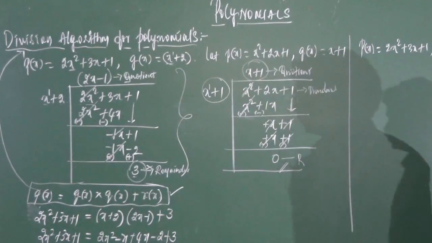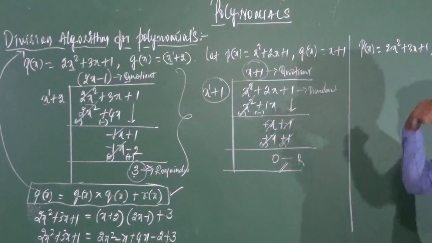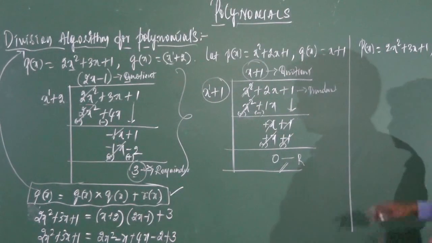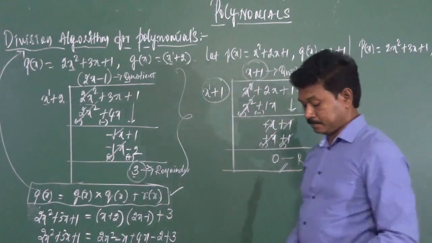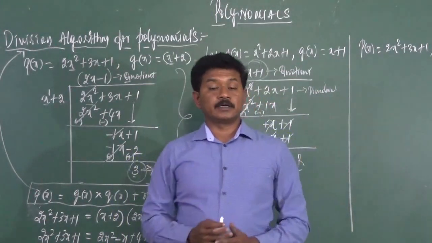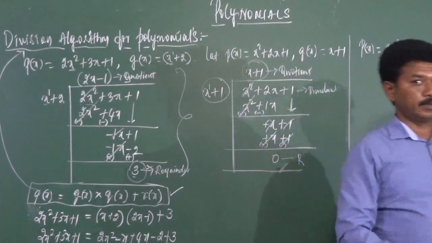Now I am going to teach you the method of finding the remainder directly when this polynomial is divided by this polynomial. The condition is that it should be a linear polynomial only. Let us get into the method. I hope you remember the concept of zeros of a polynomial. Zeros of a polynomial. Okay.